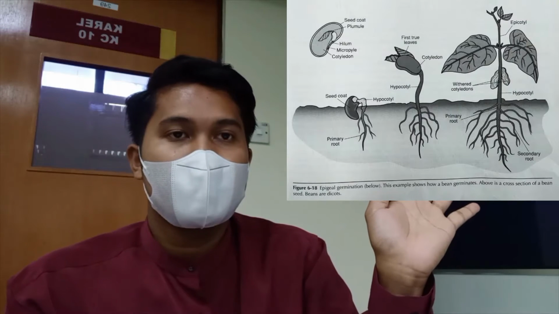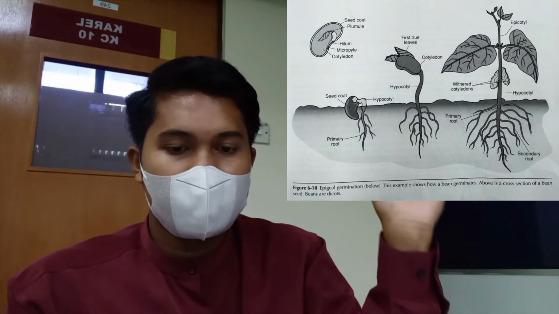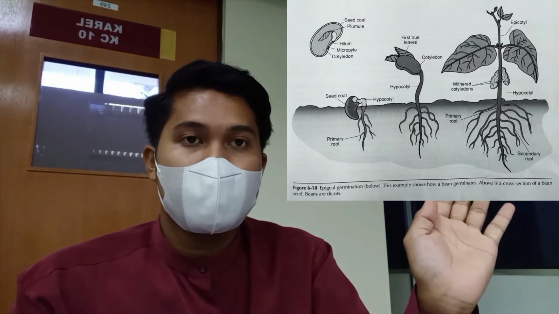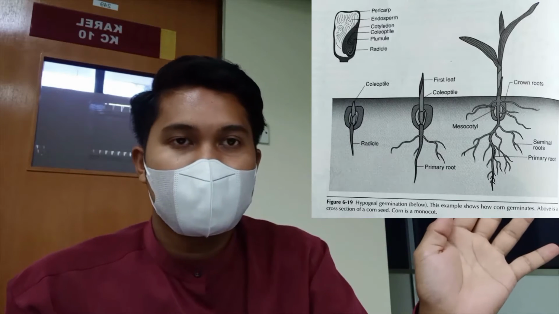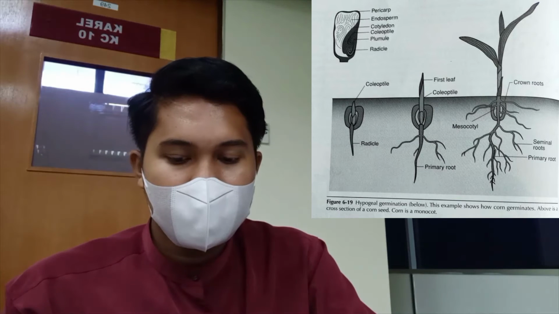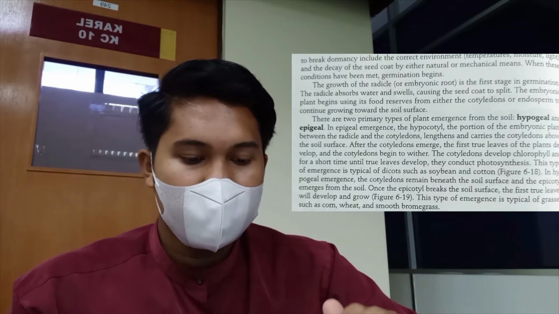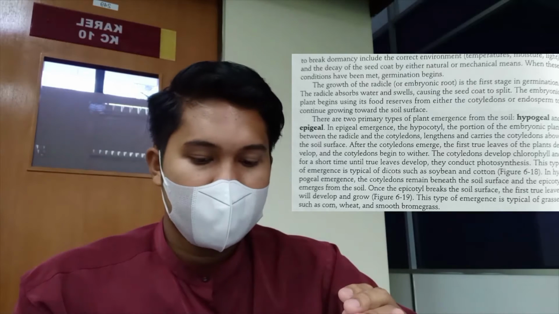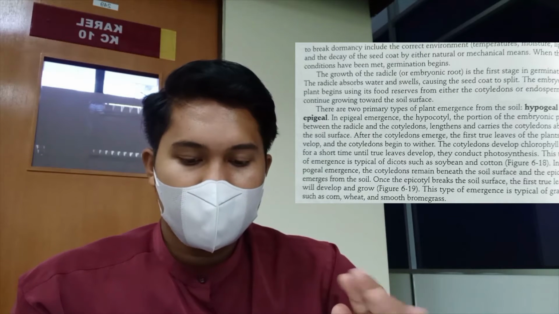As you can see, we have another picture of the epigeal. Okay, for the hypogeal, this is the picture of the hypogeal. In hypogeal emergence, the cotyledons remain beneath the soil surface and the epicotyl emerges from the soil.